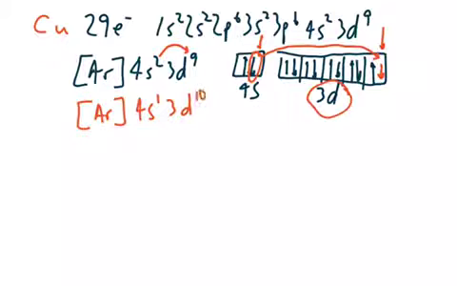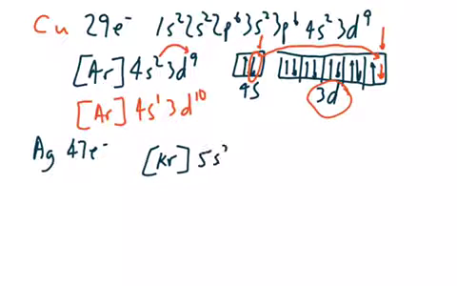Now if you look carefully at the periodic table, underneath you have silver and gold, and silver and gold are going to do the exact same thing. Okay, silver is number 47. So if you do a shortcut for silver, we're going to use krypton as the noble gas, and then silver would be 5s2 3d9.